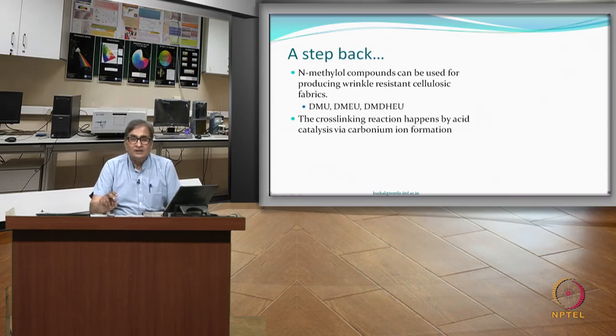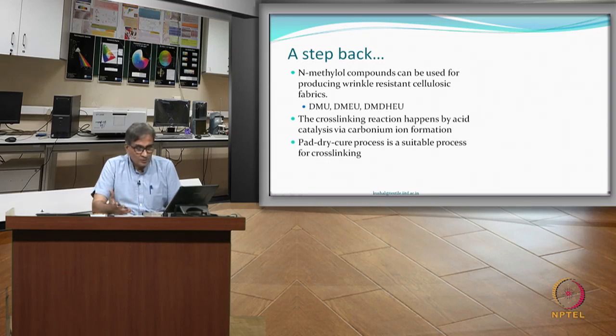Also, we learned that the reaction of these N-methanol compounds with hydroxyl groups of cellulosic material is an acid catalyzed mechanism via carbonium ion formation. The process which we said is more suitable to finishing, particularly wrinkle resist finishing, is a pad dry cure process.